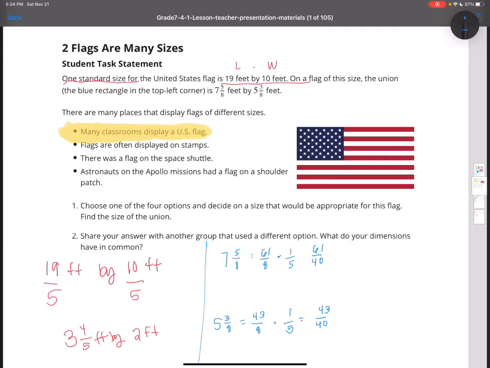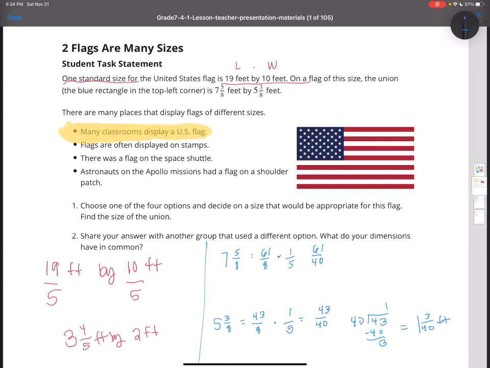Okay, so what I could do is change this back into a mixed fraction, which 40 would go into 43 one time. And the new measurement for this one would be 1 and 3/40 feet, or 1 and 3 over 40.